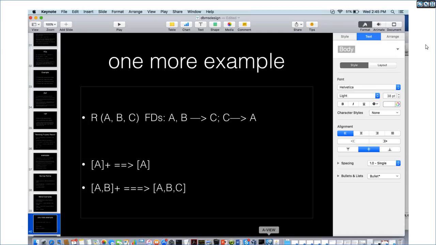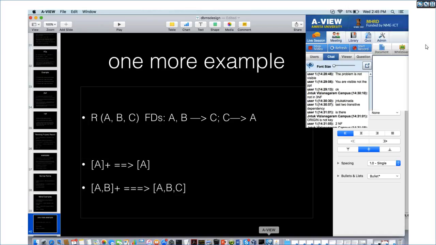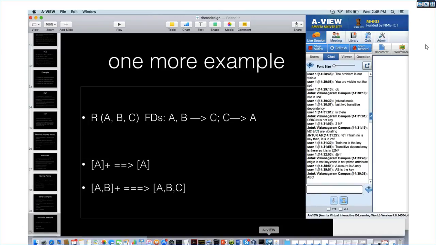Is there any other candidate key for this?